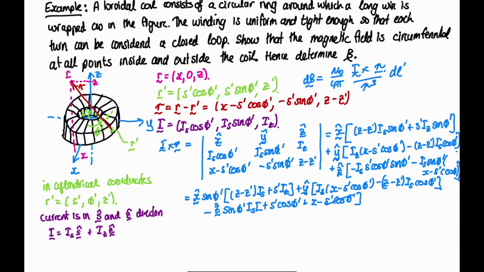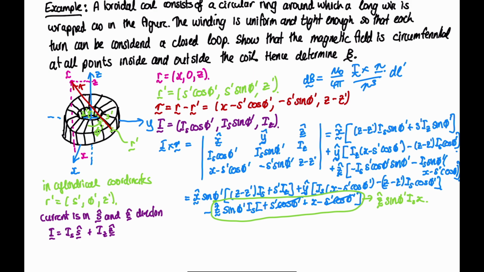And these two cancel each other out, so it actually ends up neater. We can write this term here. I can't be bothered writing the other two terms out again, so I'm just going to rewrite this term as, in the z direction, we've got sine phi prime times x.